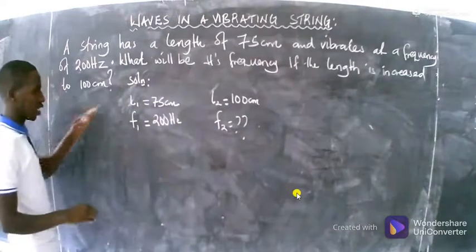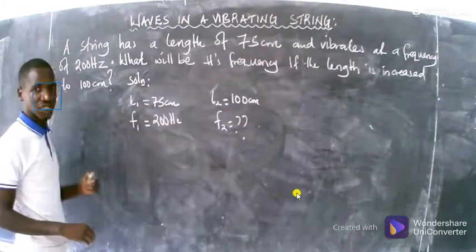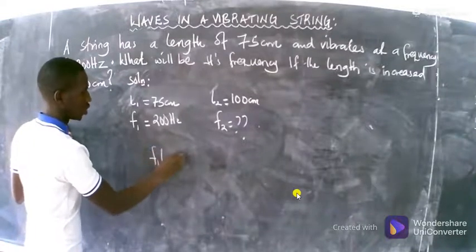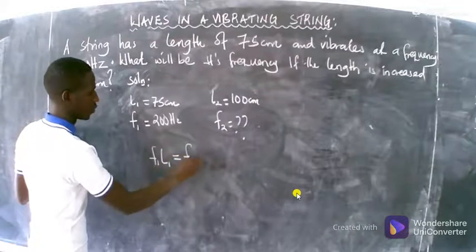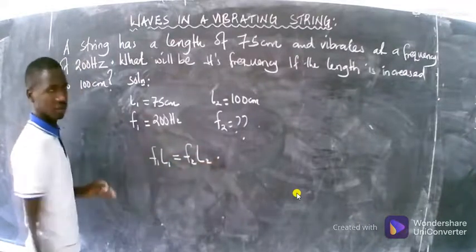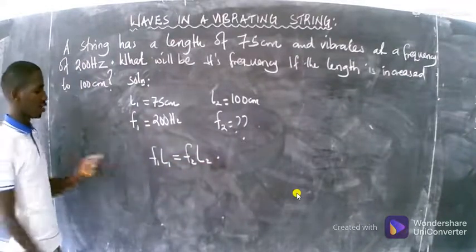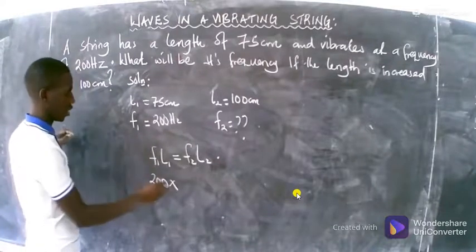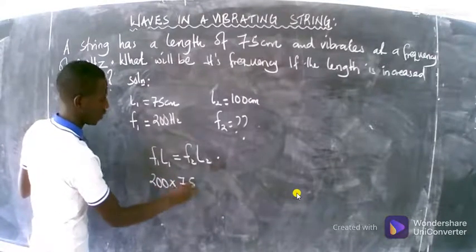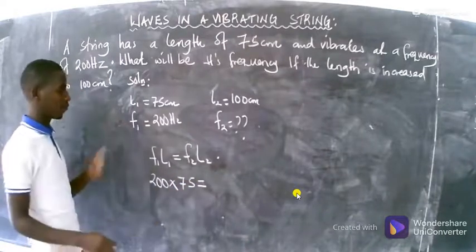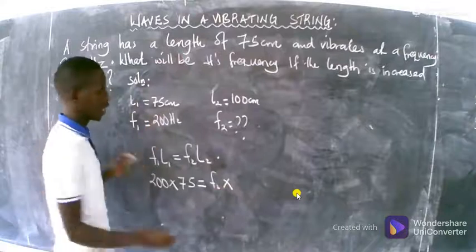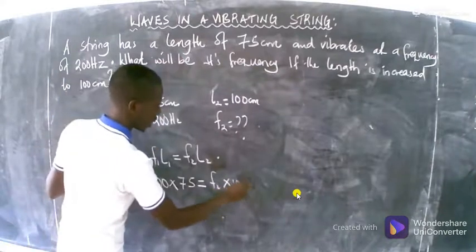So we are saying that if we keep other factors constant, then F1 L1 should be equal to F2 L2. So our F1 is already 200 times L1, which is 75, should be equal to F2, which we are looking for, times L2, which is 100.